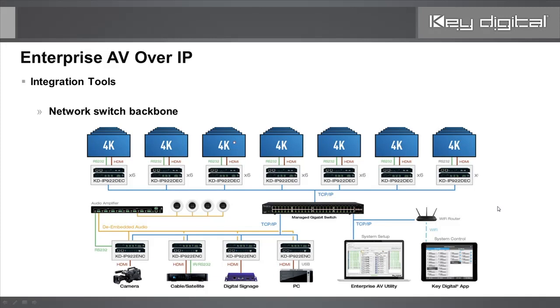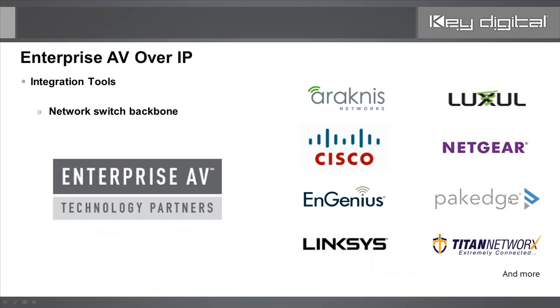Now, what makes this so flexible and what makes this so friendly to integrators is the network switching backbone. It makes it fully customized, like it's going to fit like a glove to every one of your applications, just by one encoder per source, one decoder per display, and you use a network switch from one of our Enterprise AV technology partners, as you see the brands here.